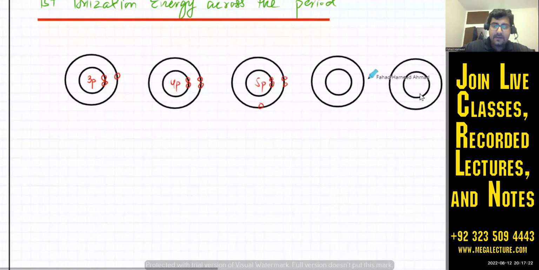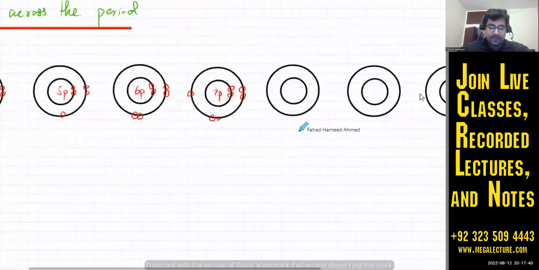Then you're going to have 6 protons, that's carbon, and 6 electrons, then 7 protons, that's nitrogen, and you're going to have a total of 7 electrons.